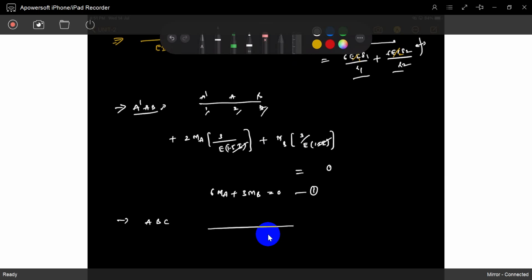Next we will choose another span, ABC. This is 3 meters, this is 5 meters. This C is sunk by 15 mm.